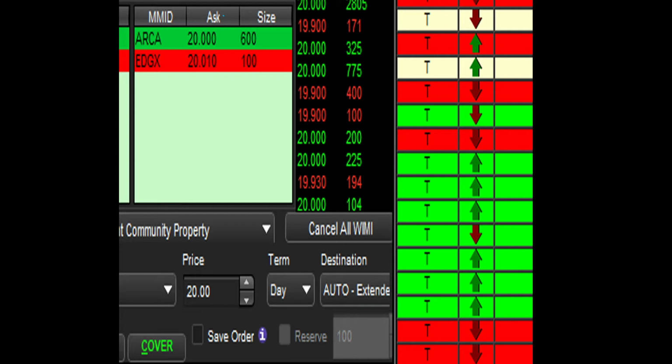So another thing to pay attention to on tape is spread reduction. A lot of times you'll see, let's say, a spread of 50 cents, 19.50 on the bid, 20 on the ask. Well, bids will start climbing. You'll see a bid at 19.60, a bid at 19.75 comes in, but the 20 ask hasn't changed. It's still sitting there. Well, that's bullish, right?